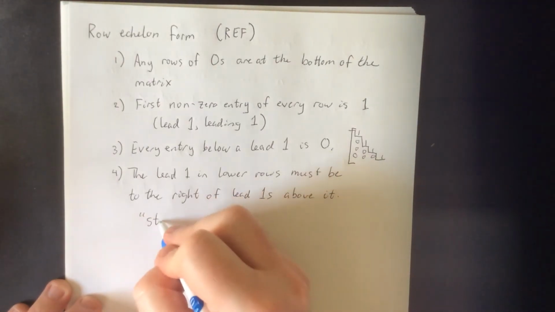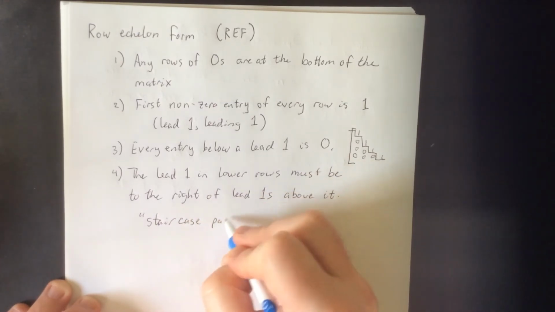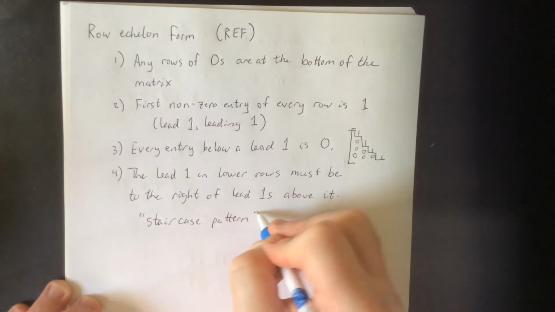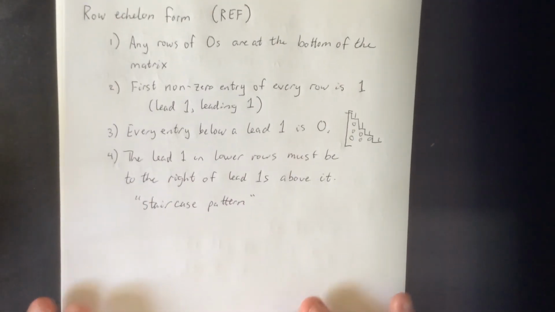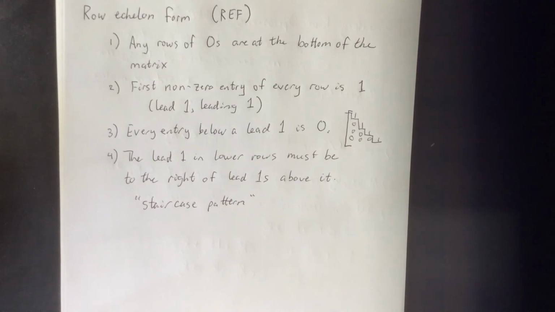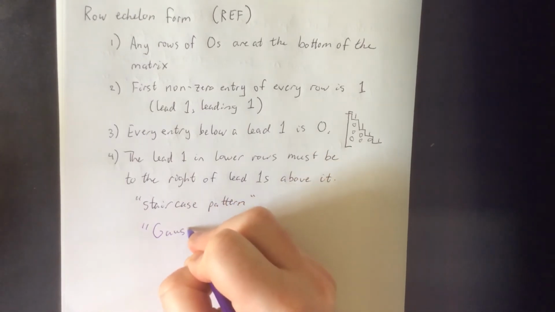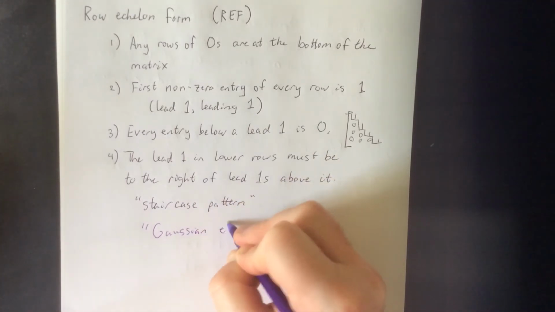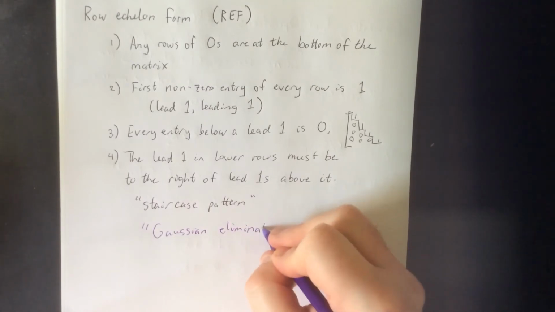And we get what's called the staircase pattern. That staircase pattern is crucial to what we're doing. The act of obtaining row echelon form is referred to as Gaussian elimination.